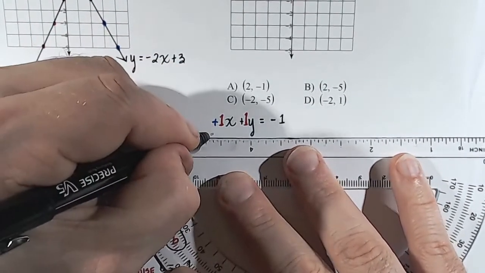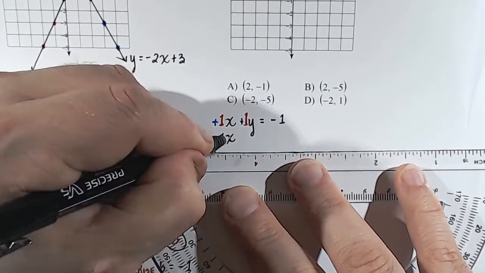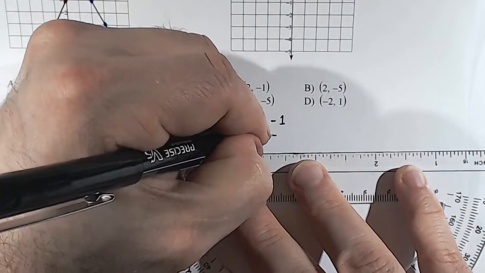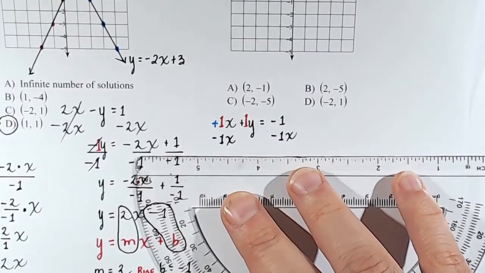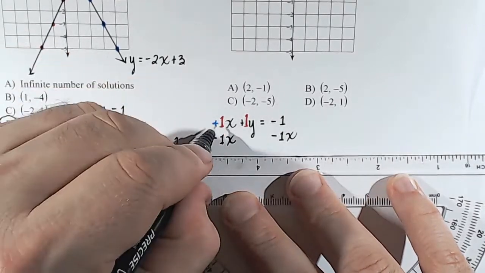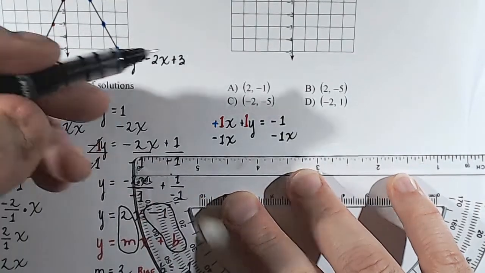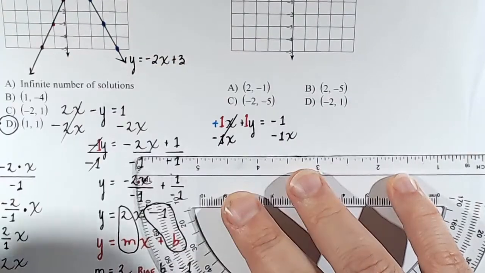So to get rid of it, I would subtract 1x from both sides. This is the same thing as subtracting x from both sides. Well, positive 1x and negative 1x cancel each other out. It's 0.